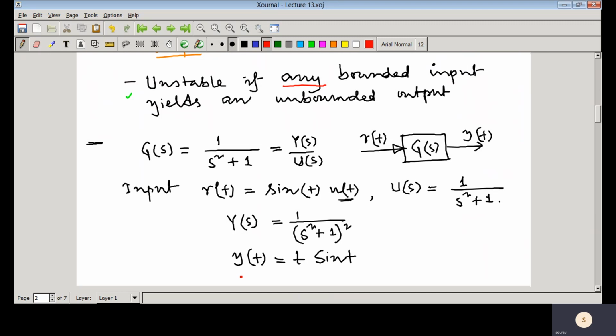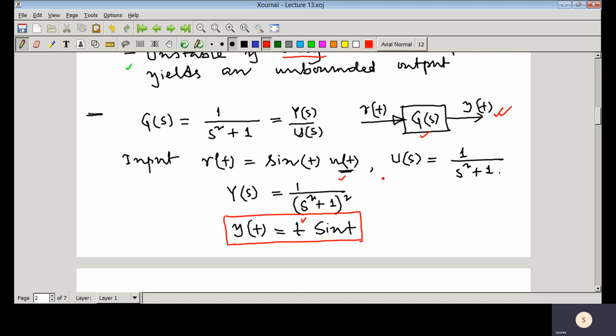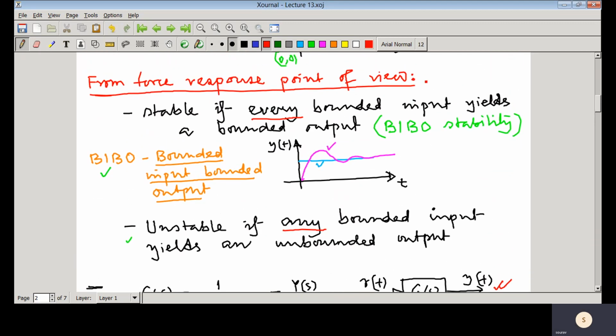And you can see that this is the response that you would have whenever you apply this input to the system G(s). It is clear that when time is tending to infinity, then y(t) also will be tending to infinity. So obviously it is an unbounded response, and as you have applied input externally, we'll be considering this notion from the forced response point of view.